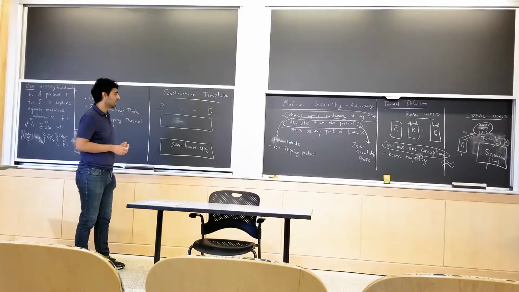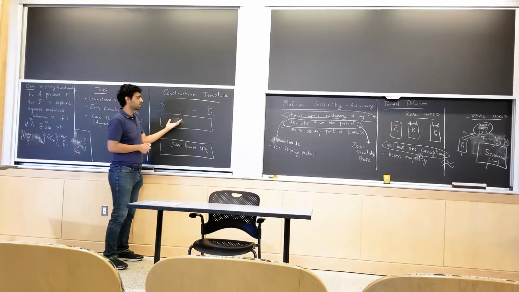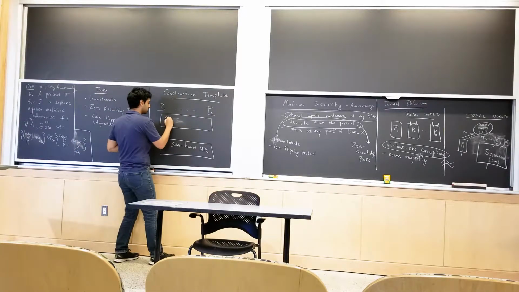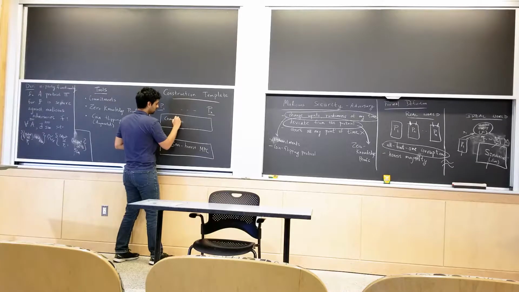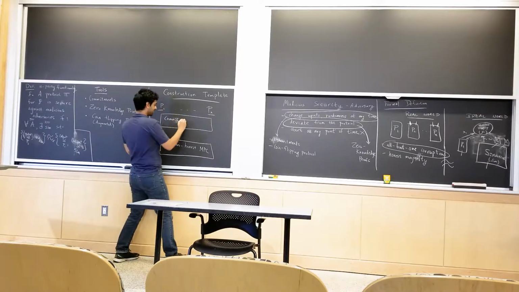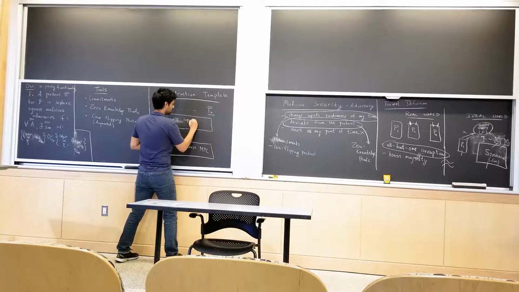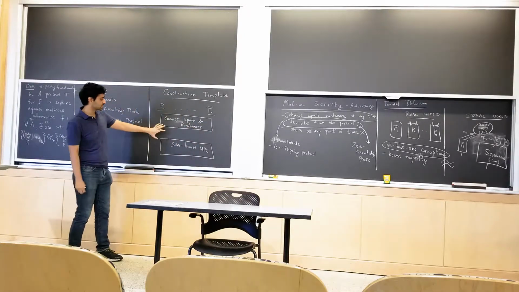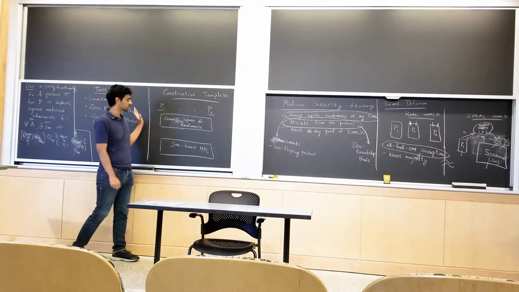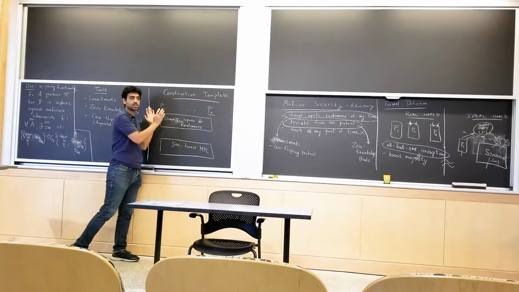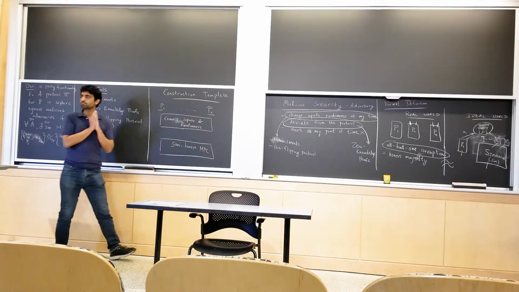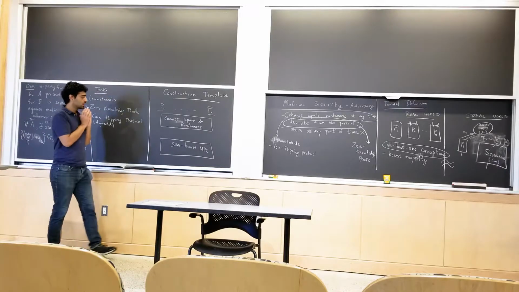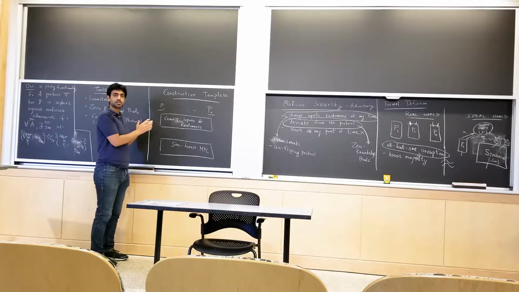So the first idea would be to commit inputs and randomness. This is not going to work, so don't write it down. And then we need to ensure, somehow using zero knowledge proofs, that he abides by these inputs and randomness throughout the protocol.